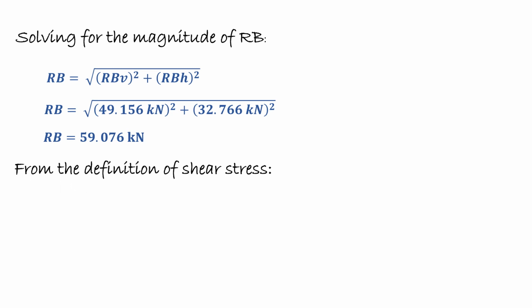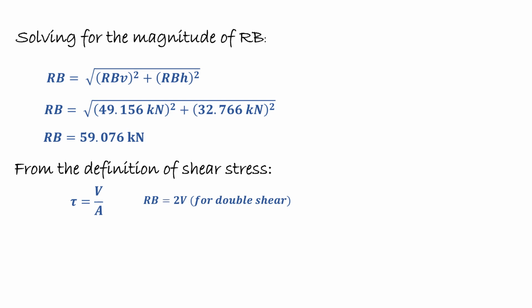So from the definition of shear stress, tau is equal to V over A, or shear stress is equal to the shear force over the sheared area. Since the only force that will cause the shearing is RB, we will equate RB equal to 2V.